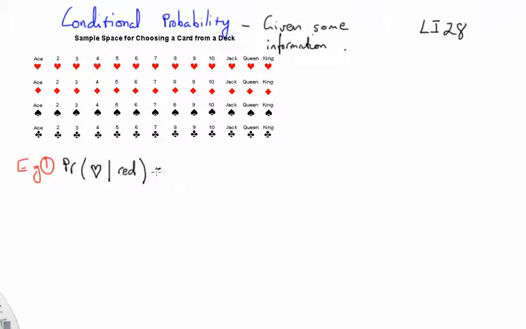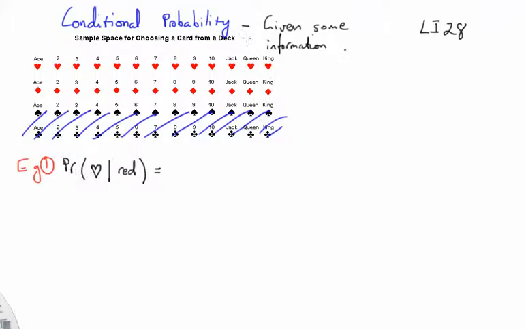How do we answer this? The old-fashioned way is to look at the sample space. We've been given some information: we know it's red. So we can cross out all this stuff, because we know it can't be any of those. We know it has to be a red card, so it has to come from here.